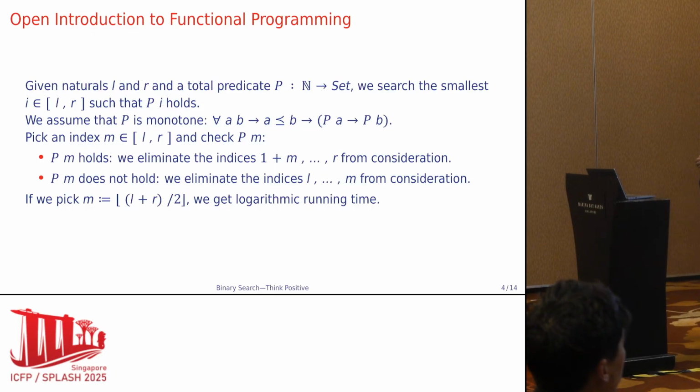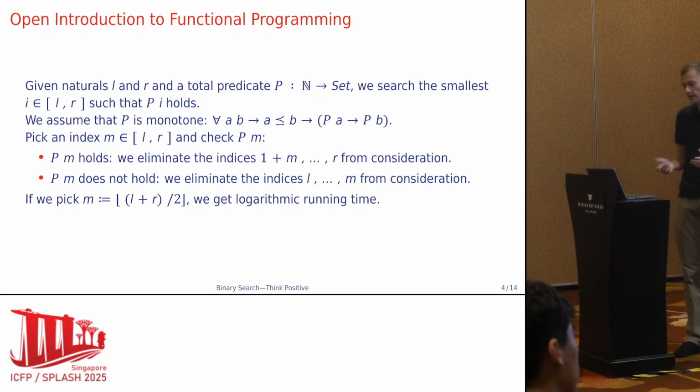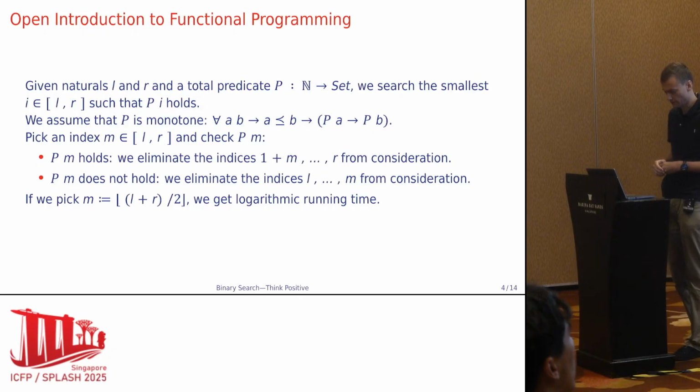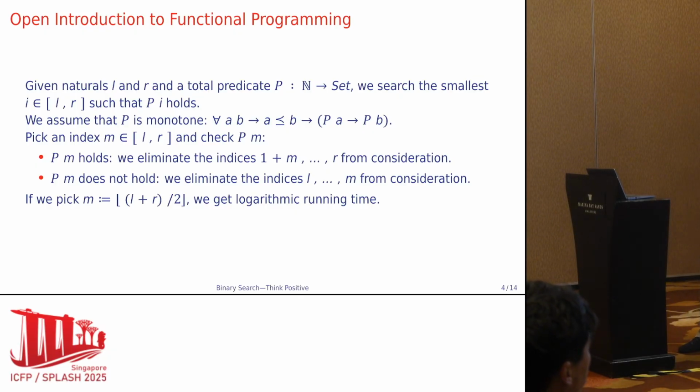In this case, we eliminate the indices L to m from consideration. And again, for the binary part of binary search, if we pick m to be the midpoint, we get logarithmic running time.